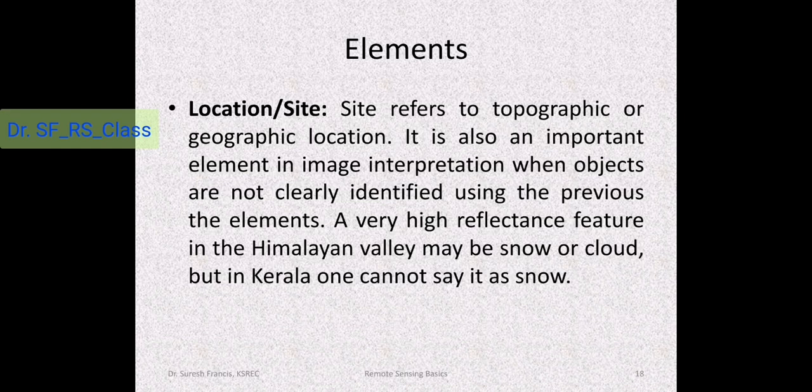A wide opening on the top of a hill will be showing something different. But in the case of plain land, we will find a wide river. So it depends on the location. The meandering of a river will happen in the plains, not in the hills. So all these location and site inferences will be based on the location, and similar reflection, similar brightness of objects at different locations will be depicting different objects.